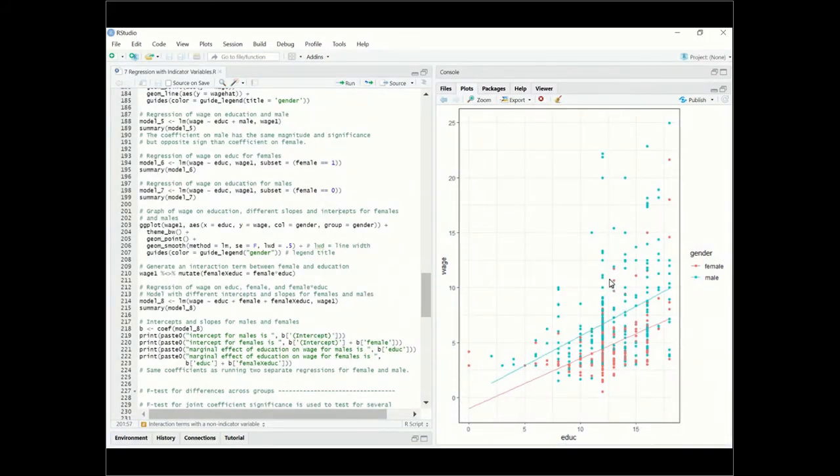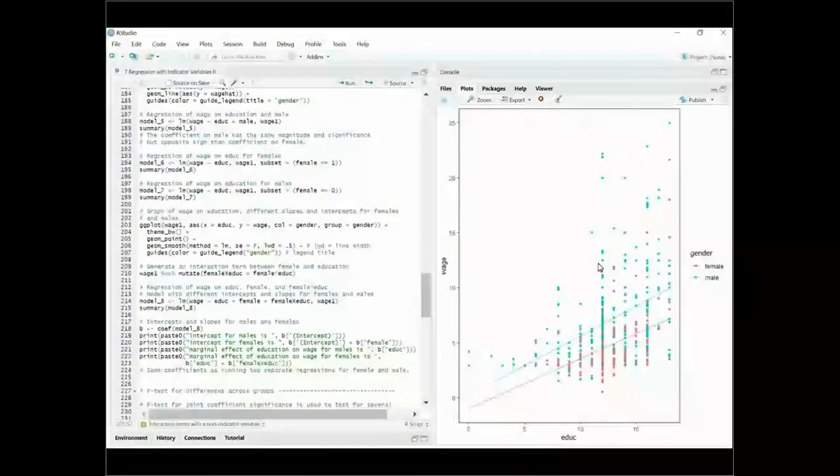And so these green dots are the data that's available for males, and the red dots here are the data that's available for females. So this line is drawn based on the red dots for female, and this line is drawn based on the green dots, the data for males, and that's basically how this graph looks.